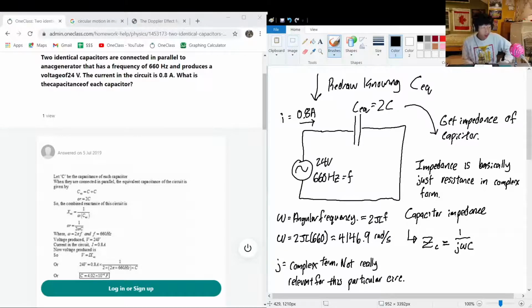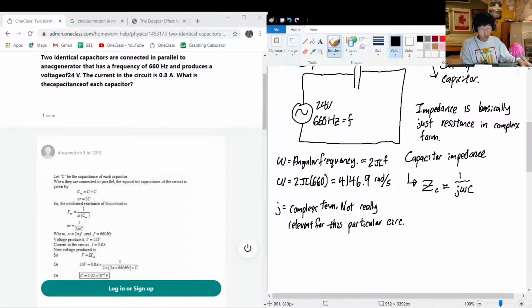Okay, so let's substitute some of these numbers into our equation. I'll switch up the color: blue for capacitance. Now when we want to find Z_C, the impedance of this circuit, which is really just the impedance of the capacitor, we're going to do 1 divided by j times omega, which is 4146.9 radians per second, multiplied by 2C.